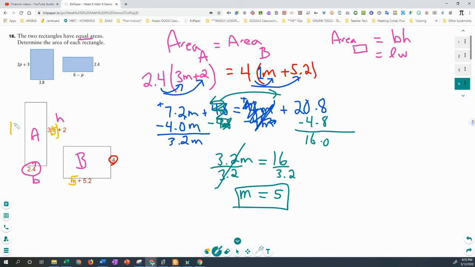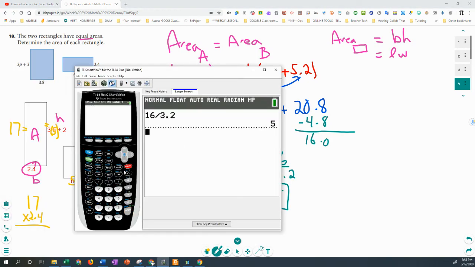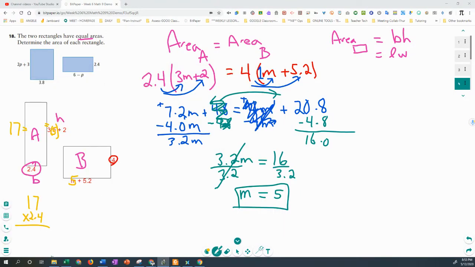So let me write it over here, because this side equals this side. So this side is 17. Well, what is 17 times 2.4? 17 times 2.4 is 40.8.